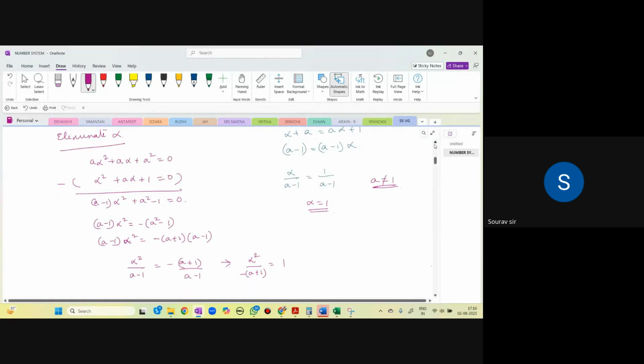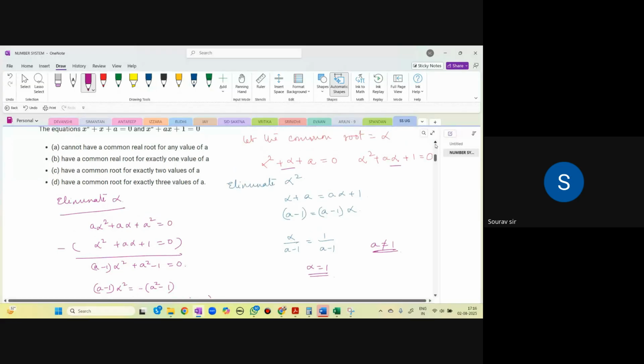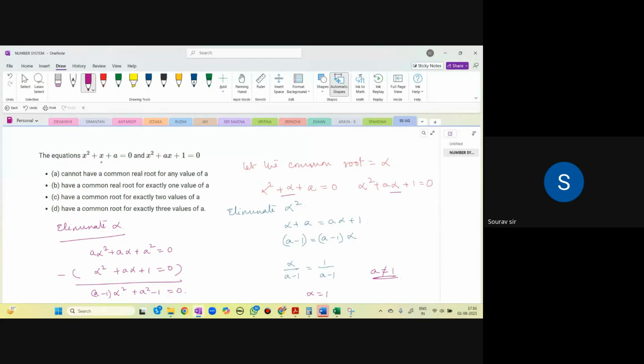But if alpha is 1, then you get 1 plus 1 plus a, 2 plus a, and this is also 2 plus a. Right? If alpha is 1, then both give you 2 plus a.